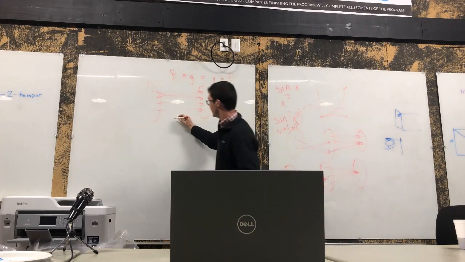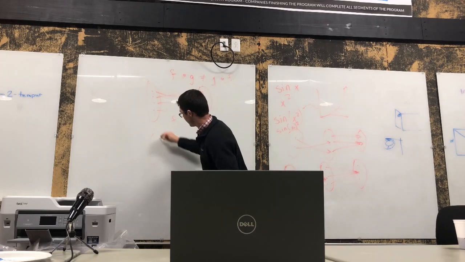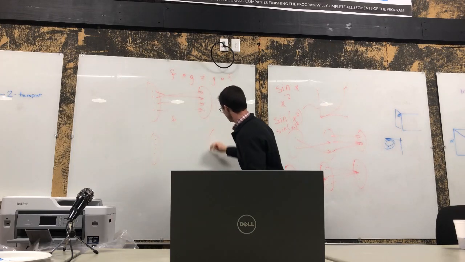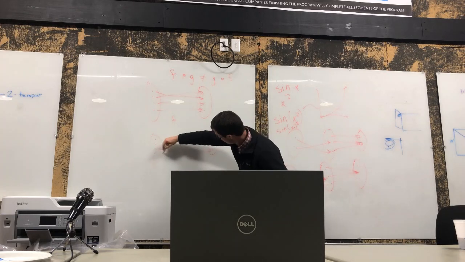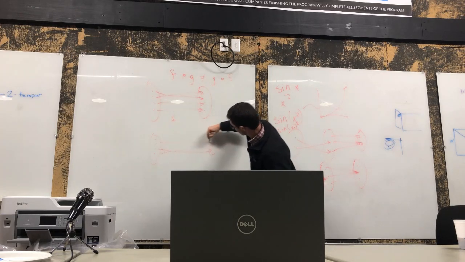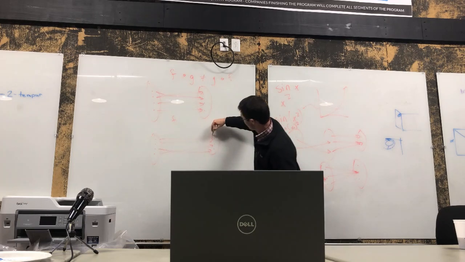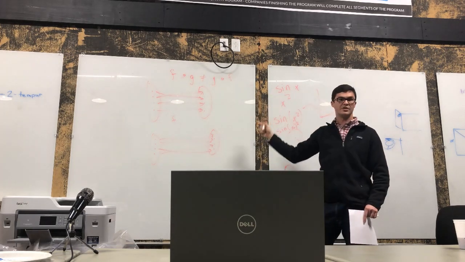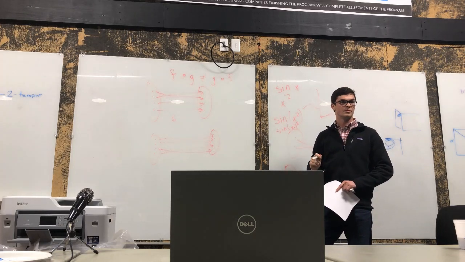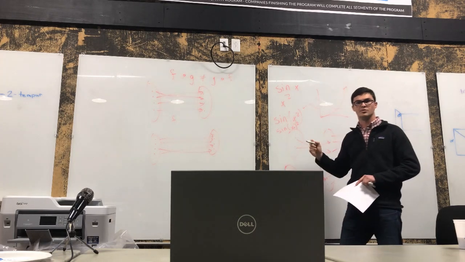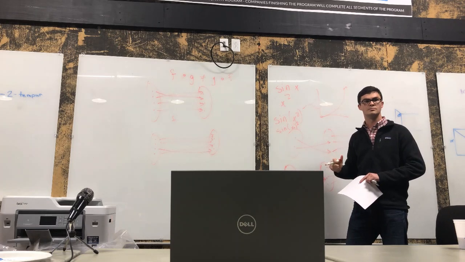So if we call this one F and this one G, if these 2 change and these 2 stay the same, then you can compose F and G in any order and they don't affect each other. Does that make sense? Or should I draw a little more, or is that good?